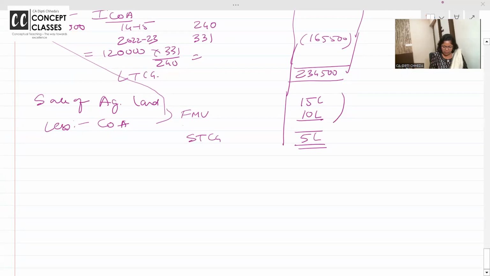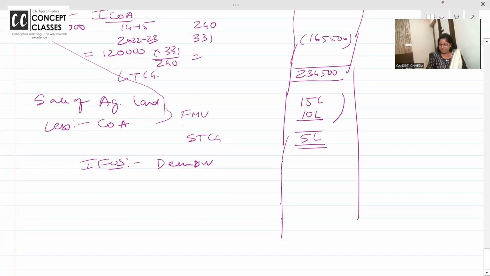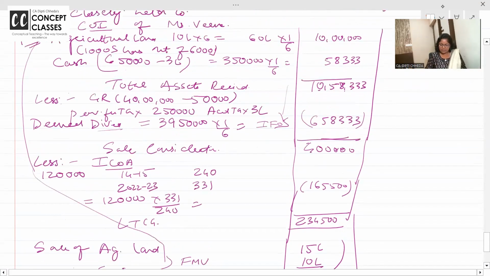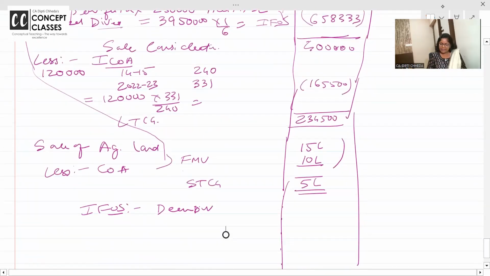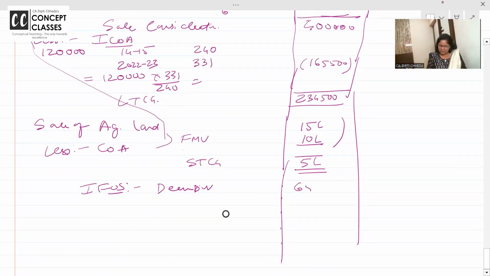And in income from other sources, deemed dividend will also be taxable. What is the deemed dividend? 658,333. This I should have written in the inner column.